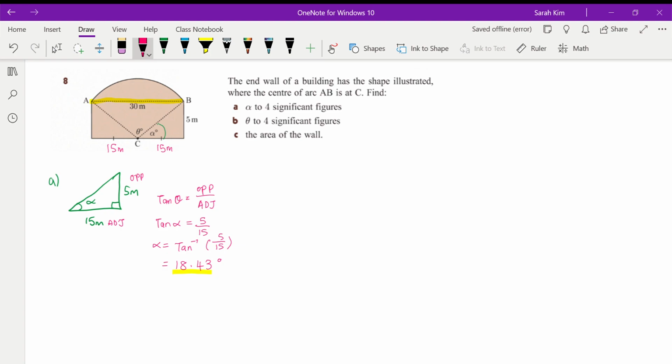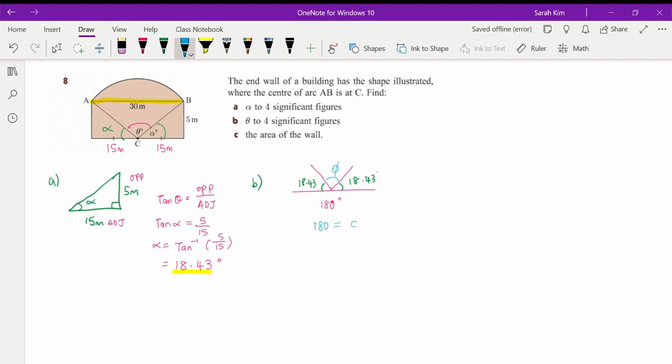And then part B would be finding the theta to 4 significant figures. As you can see, this angle is also alpha. This angle is what we're trying to find at the moment. So if I redraw that, this is 180 degrees, right? It's a straight line. This one's 18.43 degrees, same as this one. So you should be able to find this angle, because they add up to 180.